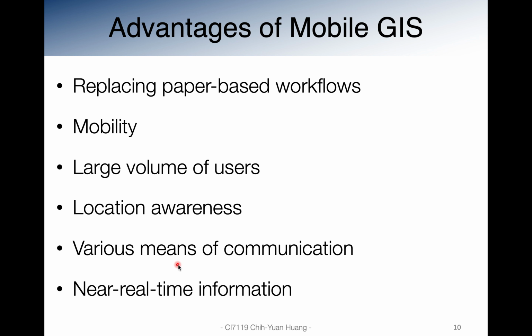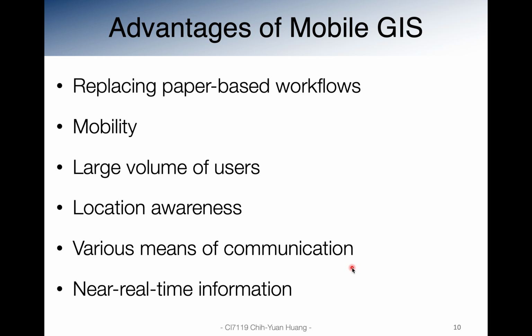And the various means of communication. Most smartphone devices support different ways of communication, for example the cellular network, Bluetooth, NFC, or other ways of information transmission.